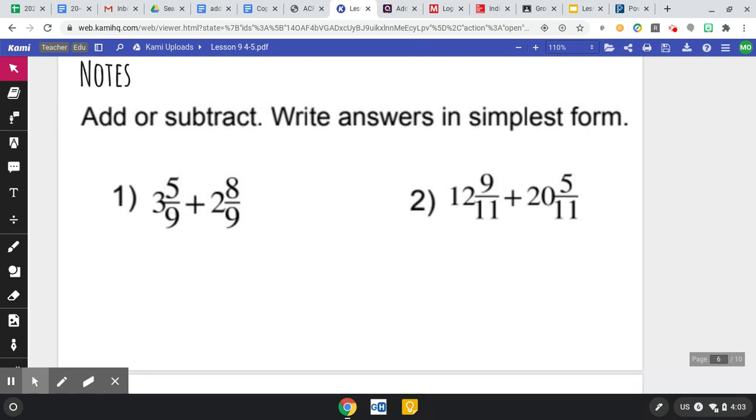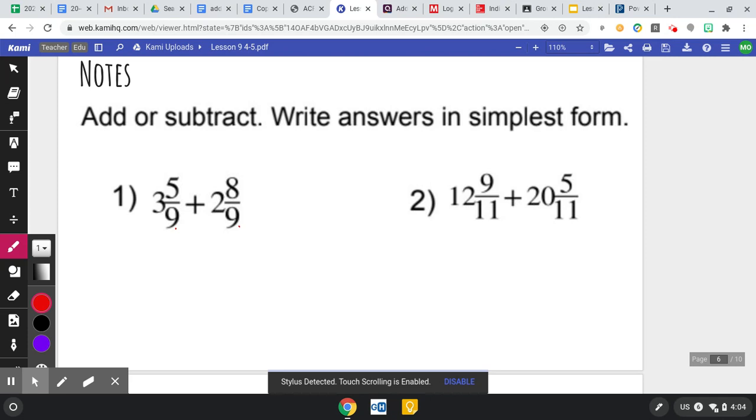You have notes that you can write in your notebook, or you can do it on a piece of paper as well. We are going to add or subtract, and we need to write our answers in simplest form. The first thing I want to look at: do they have common denominators? We'll have a 9 and a 9, so yes, I am good there. I know my answer is going to equal something with a 9.